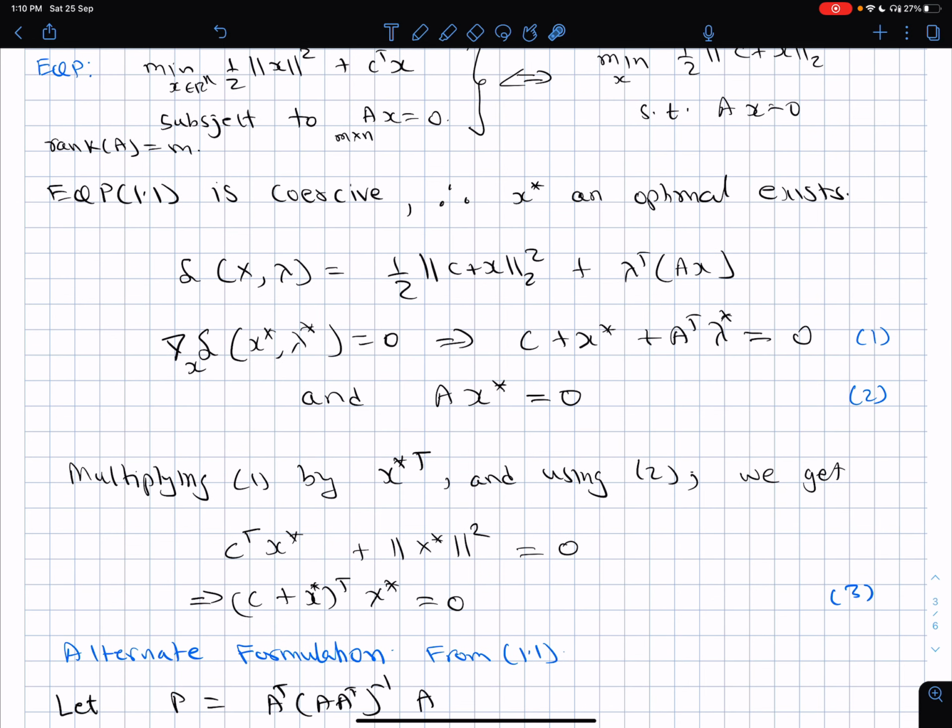So if you multiply the first equation by x star transpose, then this basically means A x star transpose, but A x star transpose being a 0 vector.